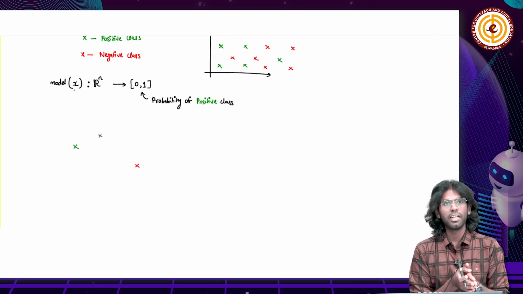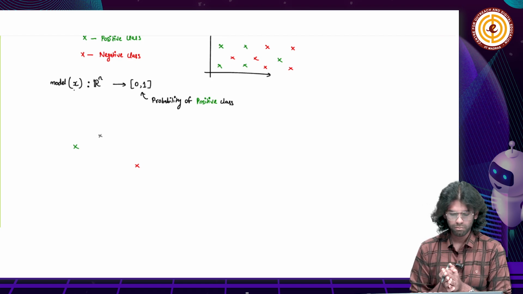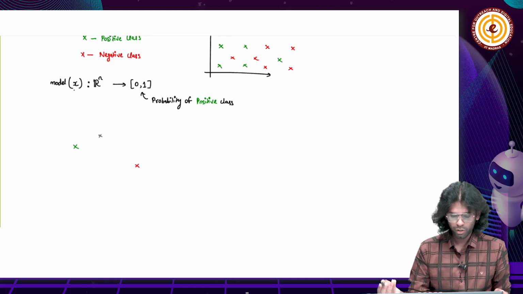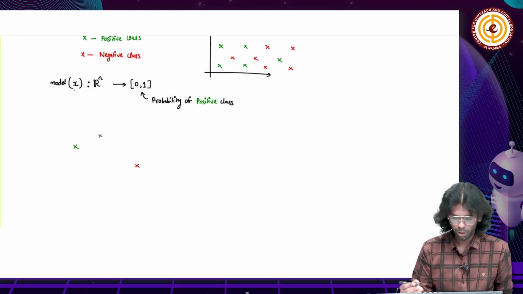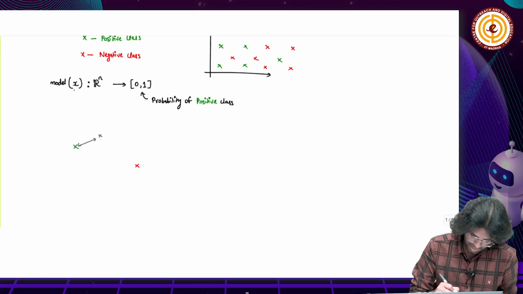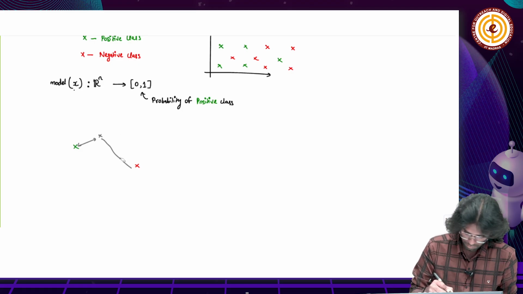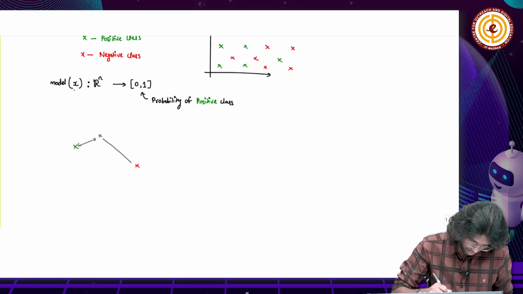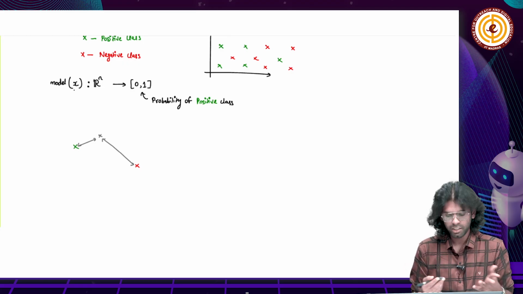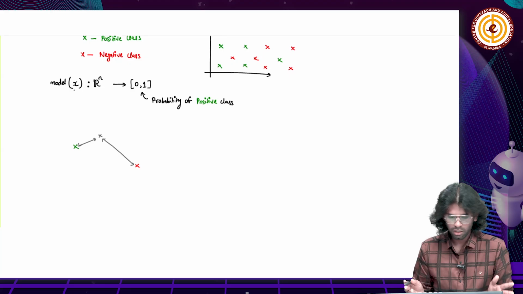Would it be the green point or the red point? This is not worth pausing for, but I am sure you would have said it's the green point, because the distance to it is smaller. If you consider Euclidean distance, this point is closer.